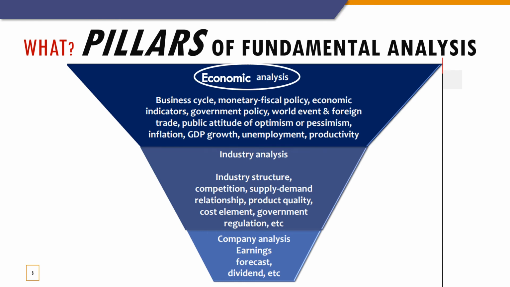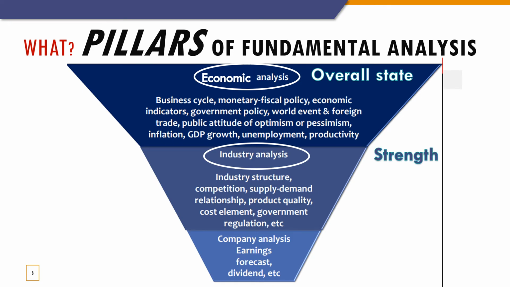Let's have the pillars of fundamental analysis, which the analyst would typically study in the order of economic analysis, looking at the factors of business cycle, monetary and fiscal policy, to productivity to determine the overall state of the economy. Then the second would be industry analysis, which would determine the strength of the specific industry by looking into industry structure, competition, the product quality, cost element, regulation.